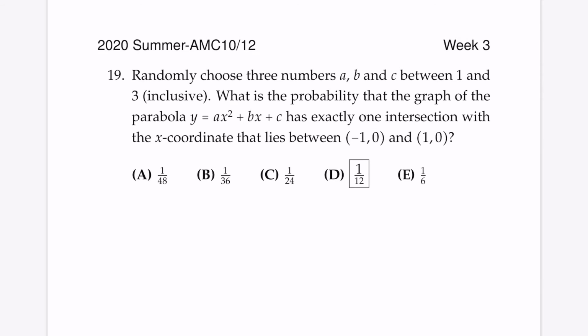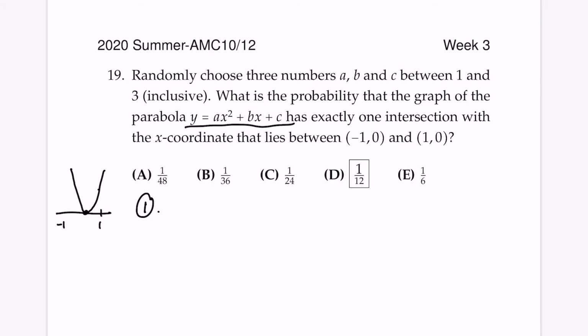The first case: y equals ax squared plus bx plus c represents a parabola, and the parabola could be tangent to the x-axis so that it has exactly one root. If that root is between -1 and +1, that should count. But that has 0 probability because it's very special for the quadratic equation to have double zeros.